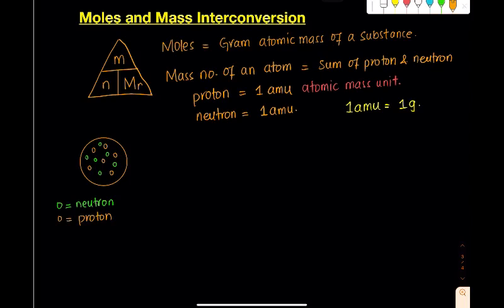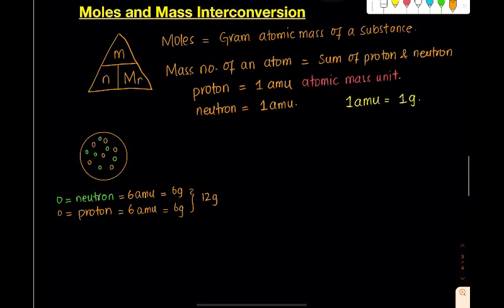Now, how many protons and neutrons are there? We have 6 protons and 6 neutrons. Each 6 is equivalent to 6 AMU, and 6 AMU is equivalent to 6 grams. So 6 and 6 add up together to make 12 grams.